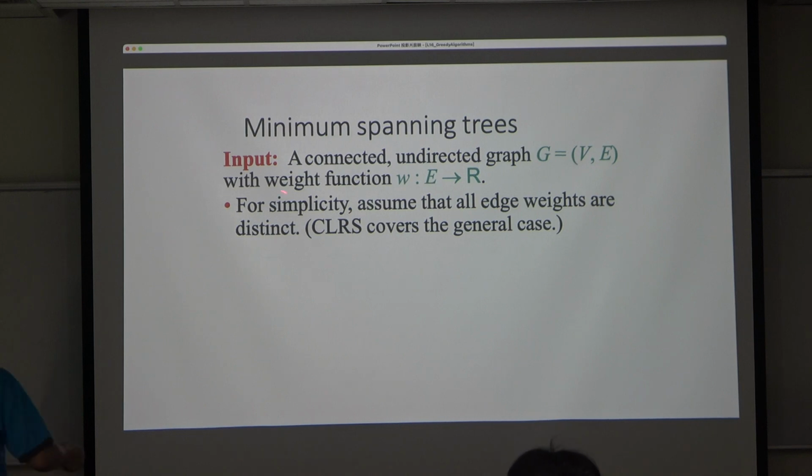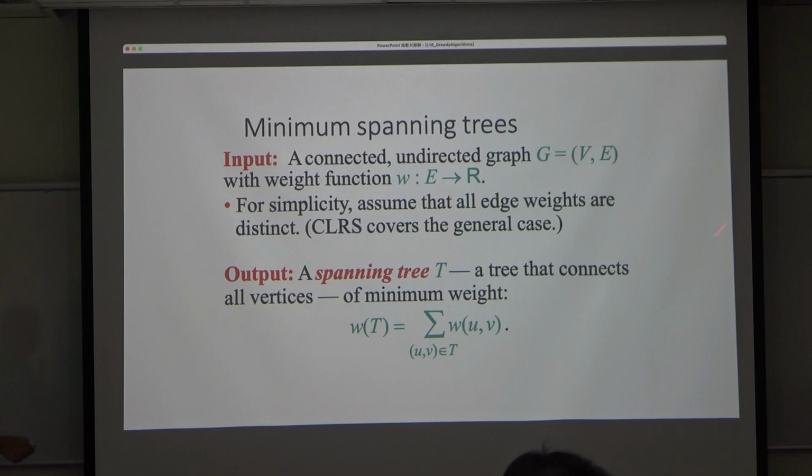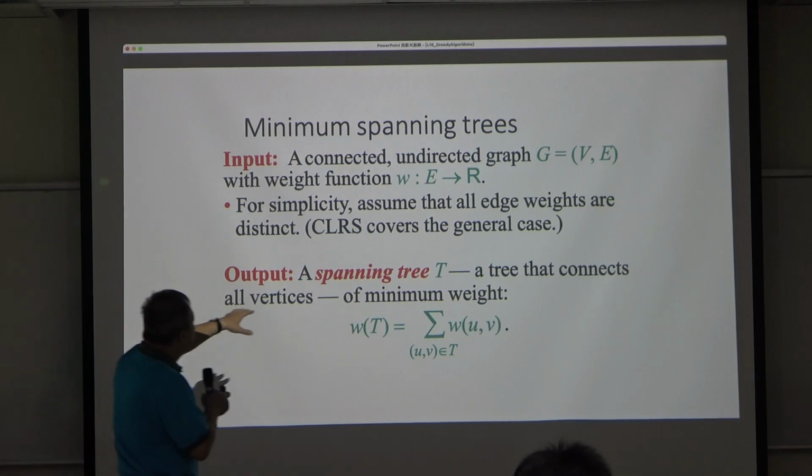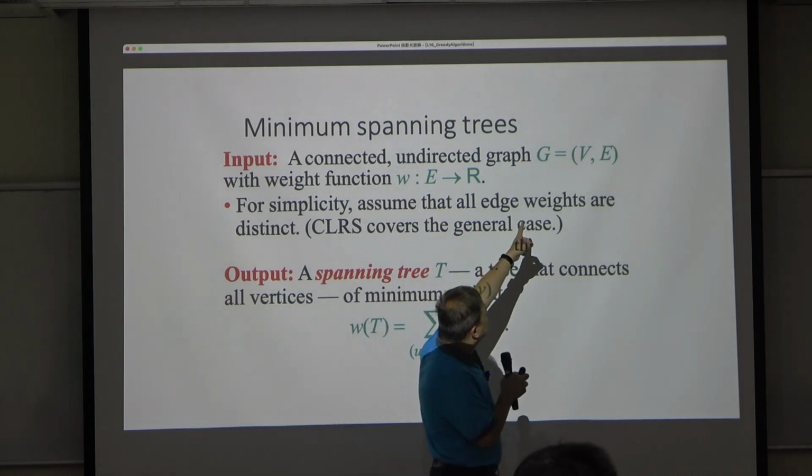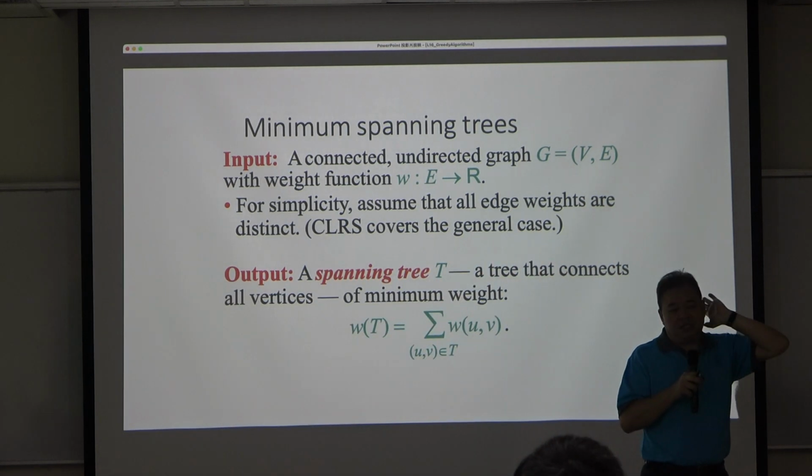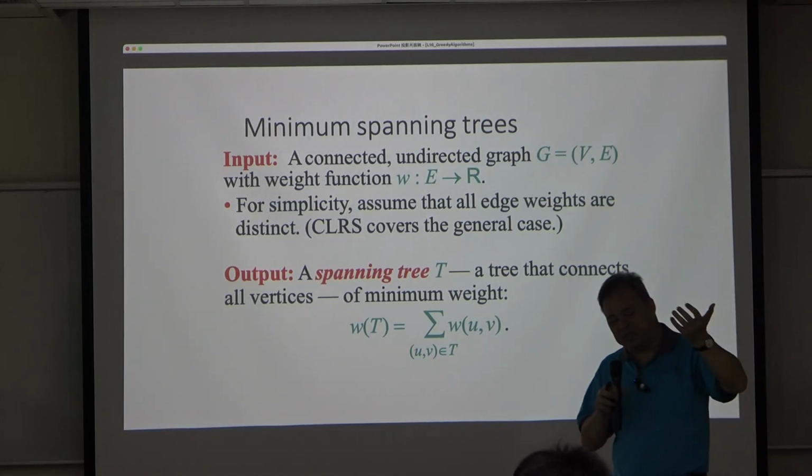Given this input, we want to output a spanning tree T. This tree will connect all the vertices in your G with the minimum weight. In other words, this minimum spanning tree is a subgraph of the graph G. First, it will connect all the vertices.